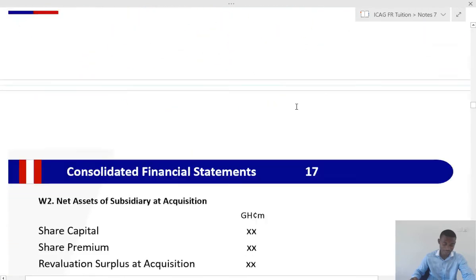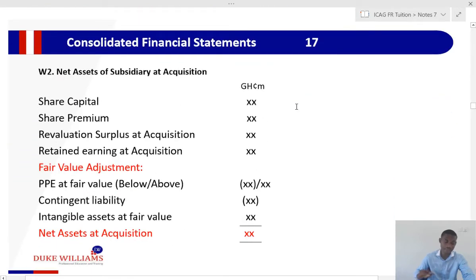Now let's look at some of the details that we can find in workings 2. For workings 2, very important, I will have 2 pro formas. This first pro forma for workings 2 is needed when we are asked to calculate only goodwill at acquisition.